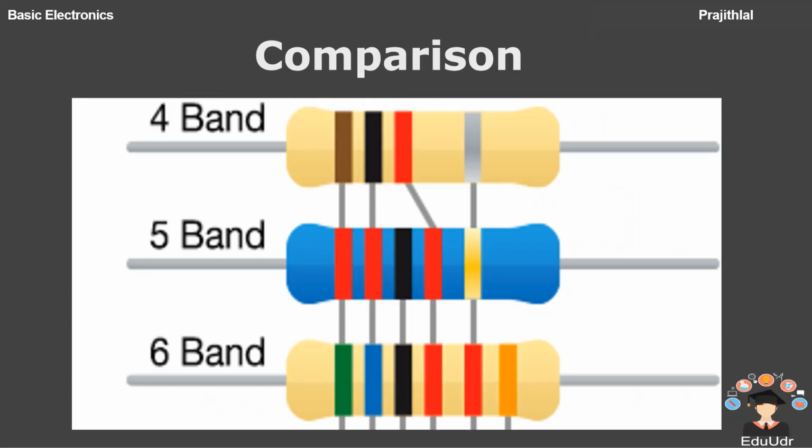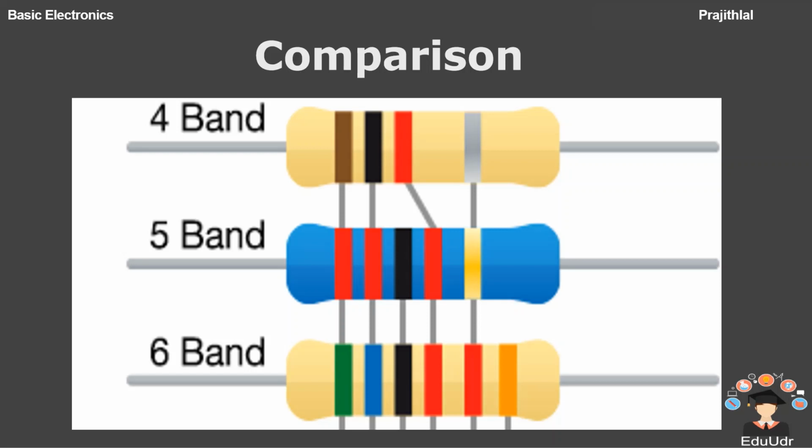Here we have a quick comparison of 4-band, 5-band and 6-band color-coded resistors. In a 4-band color-coded resistor, the first two represent significant figures, the third one represents multiplier, and the last one represents the tolerance. In a 5-band color-coded resistor, the first three rings are reserved for significant figures, and the fourth one is reserved for multiplier, and the last one is reserved for tolerance.